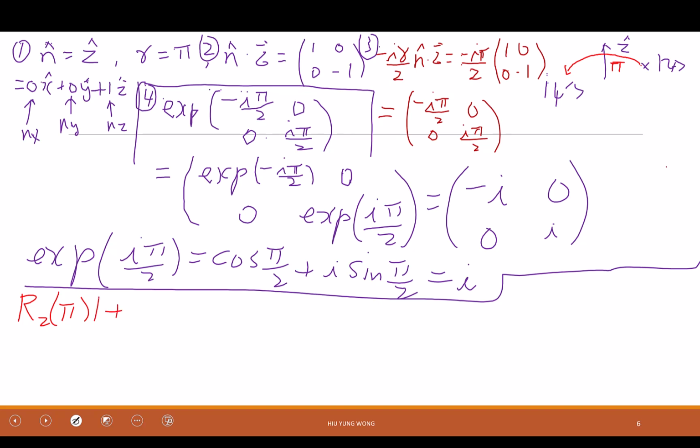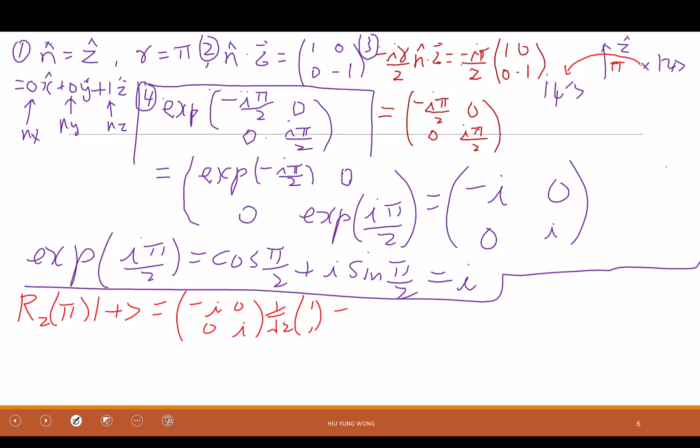I just want to give an example. What is this? This is negative I, 0, 0, I, applied to the plus state. What is a plus state? In column vector, 1 over square root 2, 1, 1. Everyone can follow? This is the plus state, right?